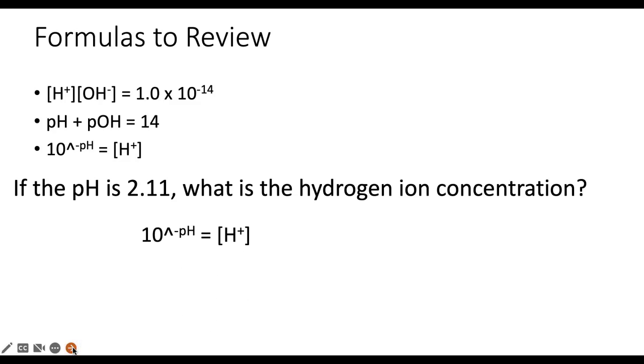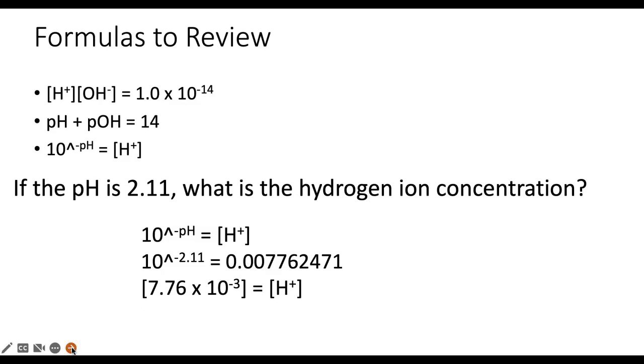Again, just using the formula and substituting in. This is one place in chemistry where you can use the caret, or there's an e to the a second function button that I showed on the calculator the other day that you may want to take a look at. And so there is our hydrogen ion concentration, rounded to 3 significant figures, so I put it in scientific notation.